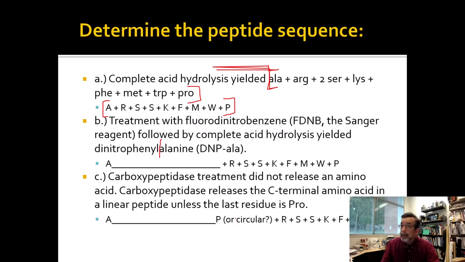It's weird, but it can happen. You can react the amino group on one end with the acid on the other and make it a loop. Some bacteria do that, and I think this showed up in one of your homeworks. But all this is to say, we don't know. So I'm just going to leave it as an unlikely question mark. Probably the last residue is Pro, and we have a linear peptide.